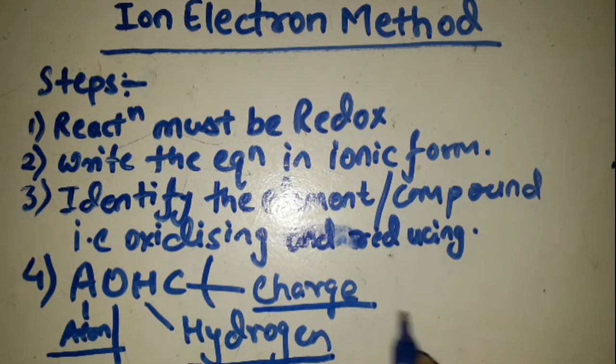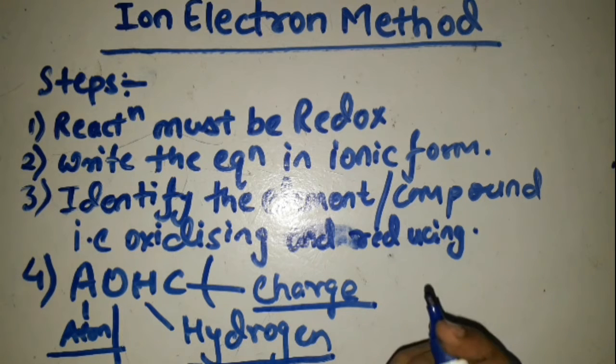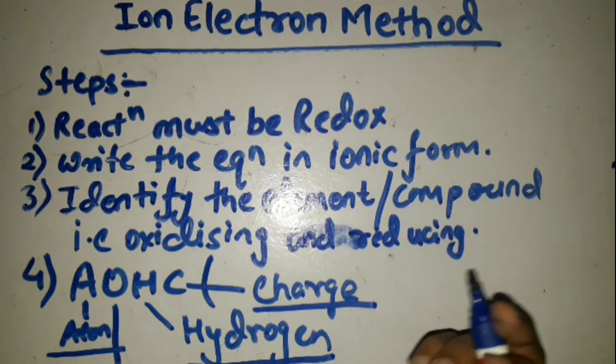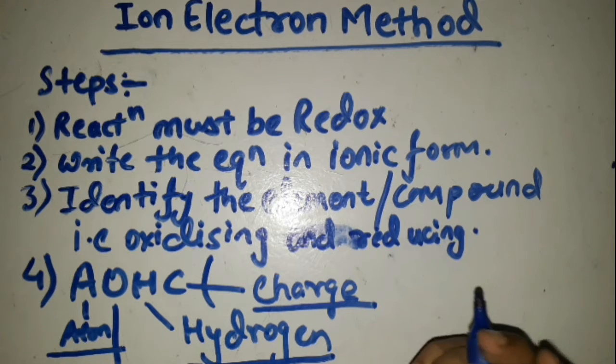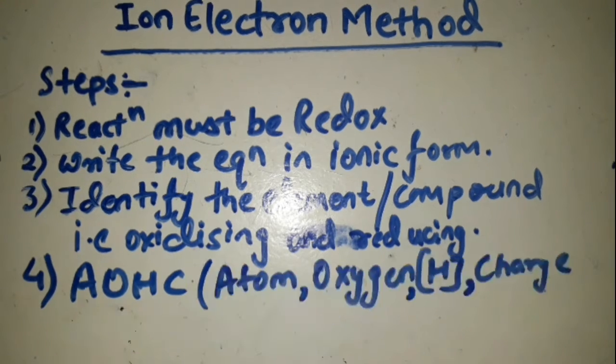But before doing that, we have to break the reaction into two half reactions. That is, the compound which is reducing should be written separately, and the compound which is oxidizing should be written separately.